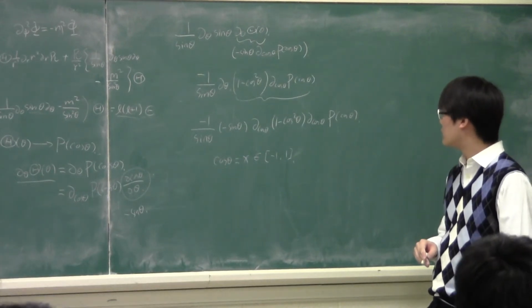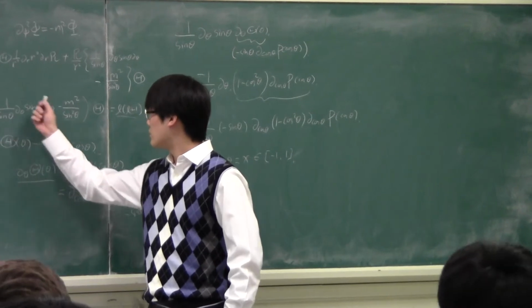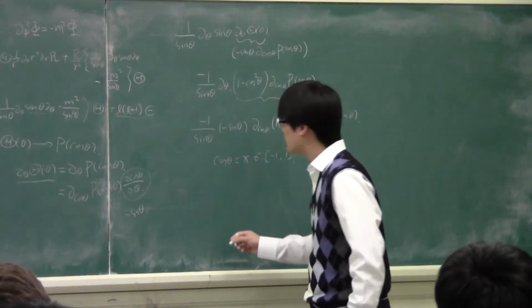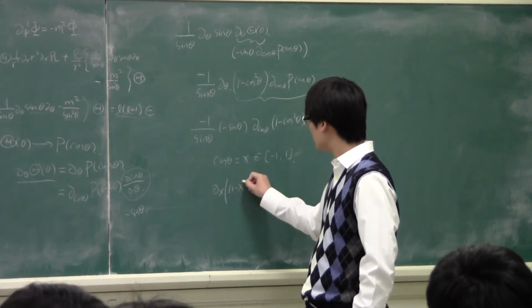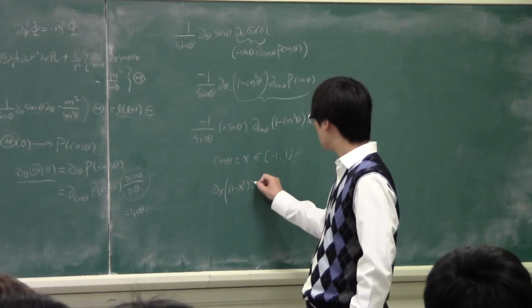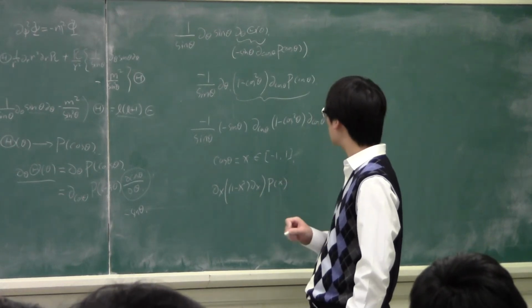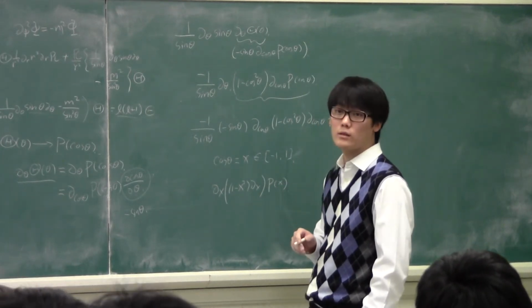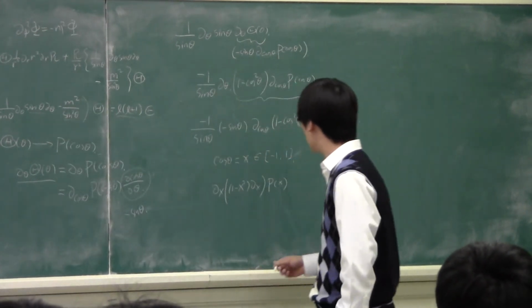So after this substitution, we find that this big mass of differential operator here turns into dx 1 minus x squared dx P of x, right? And then let me plug in this term over here.